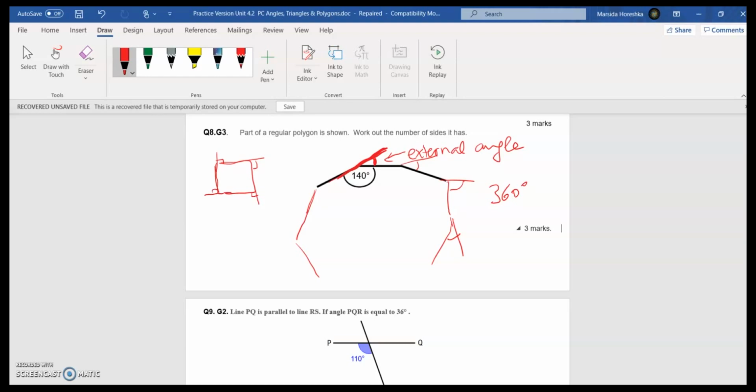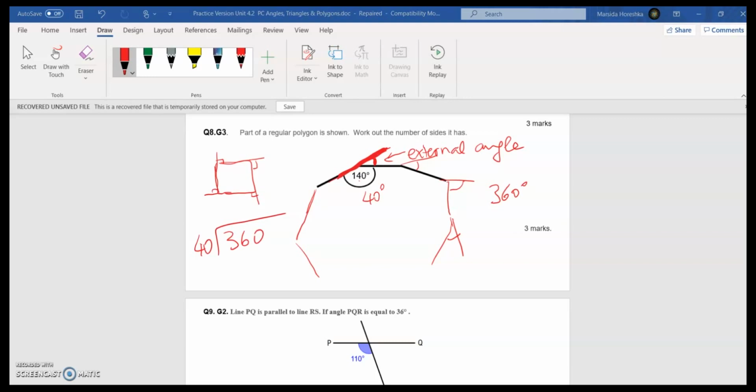Now, how many degrees is one external angle? As we said, this is 180, take away 140, that leaves us with 40 degrees. So how many 40 degrees would fit into 360? And we can divide 360 by 40 to work that out.